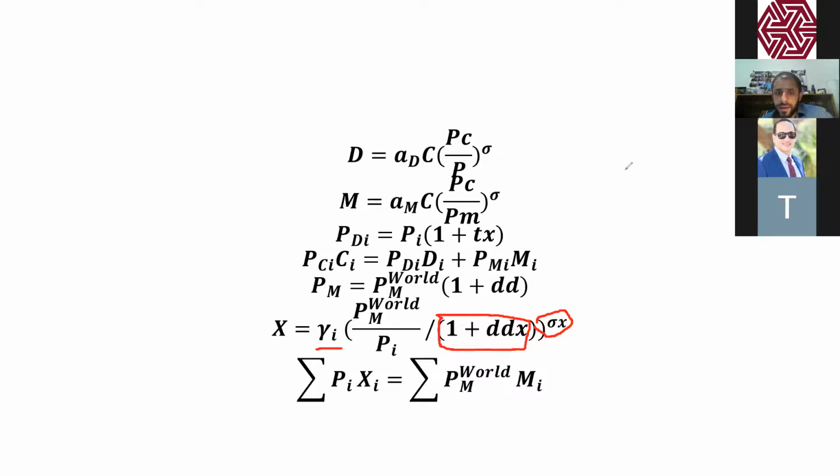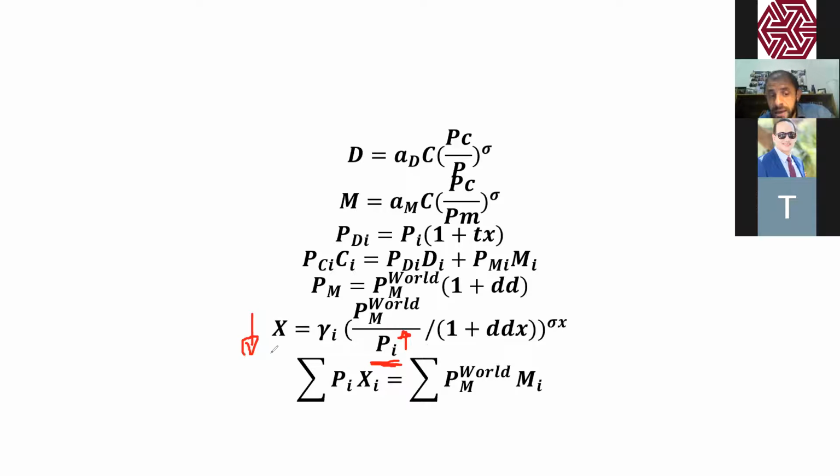One final thing, this ratio that we have here, which is PMW over PI. If you remember, from the basics of international economics, one of the things that affect exports is the ratio of the price of exports with respect to the price of imports. And here, our exports are exported at a price PI, because that's the producer price, right? So the higher the producer price, the lower the exports.